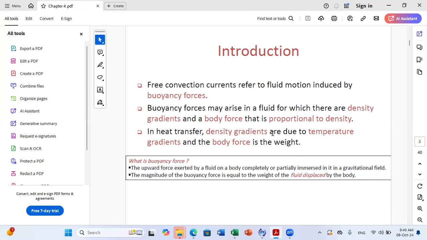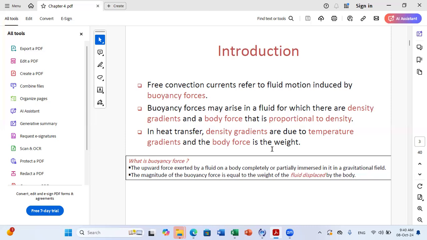Now, in heat transfer, density gradients are due to temperature gradients, as we have seen together, and the body force is the weight. So we can conclude the definition of a buoyancy force: first, the upward force exerted by a fluid on a body, completely or partially immersed in its gravitational field, and the magnitude of the buoyancy force will be equal to the weight of the fluid displaced by the body.